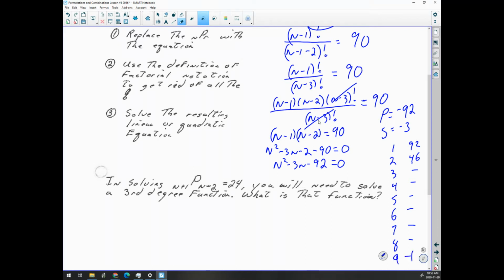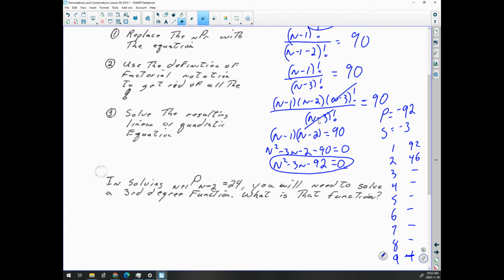And 9 definitely doesn't work. So right now I can't solve this. The problem is wrong. The process was correct. I can't solve this, but I would look to see if I could factor this.